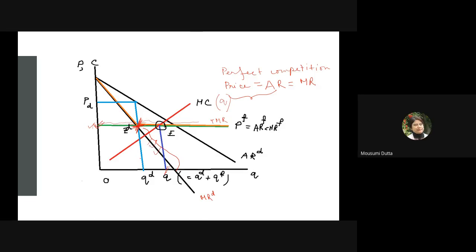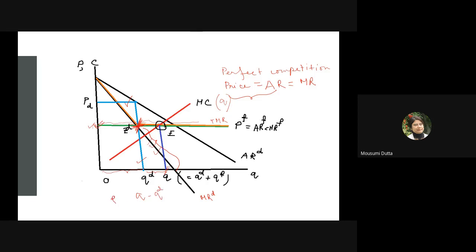So this is QD. From this QD, you will be able to determine PD, extending it up to the demand curve faced in the domestic market. So the price in the domestic market will be settled at this level. The output sold in the foreign market will be Q minus QD.